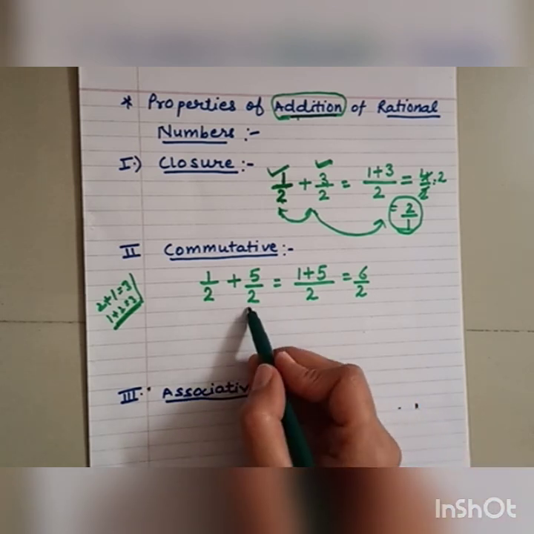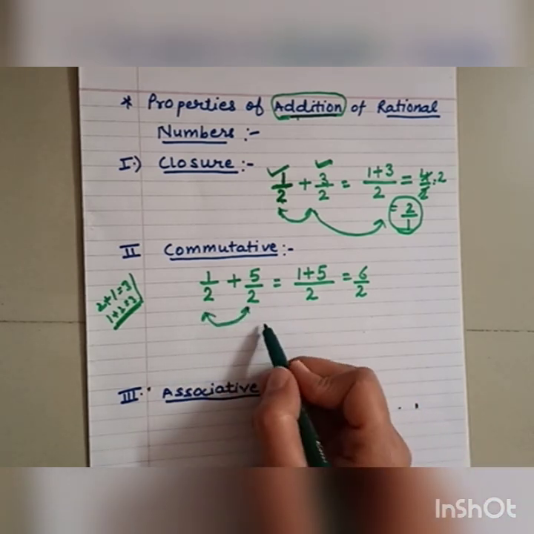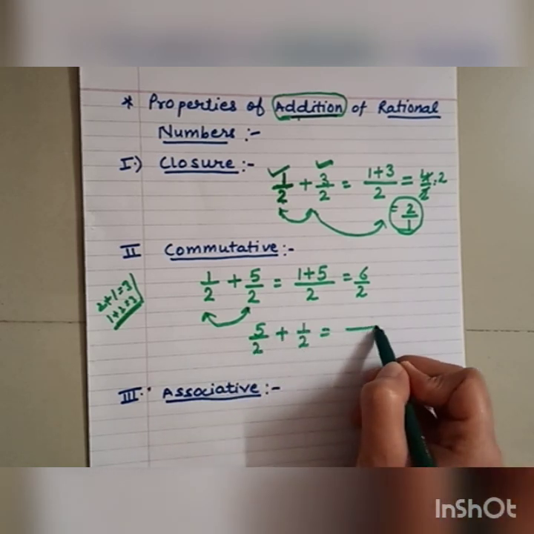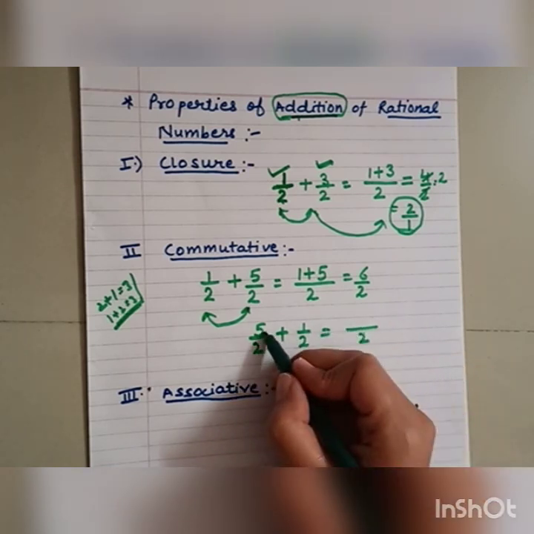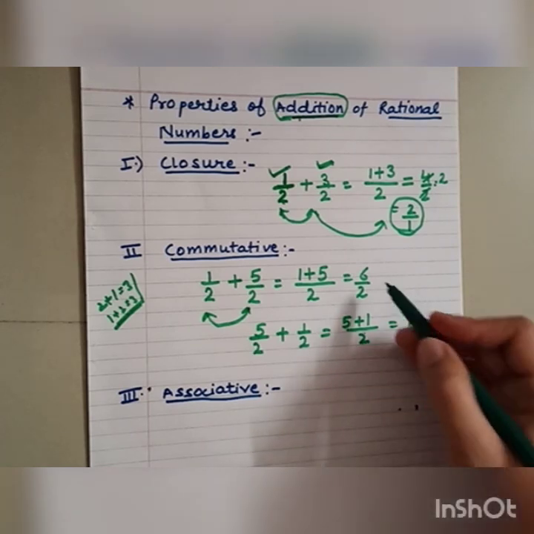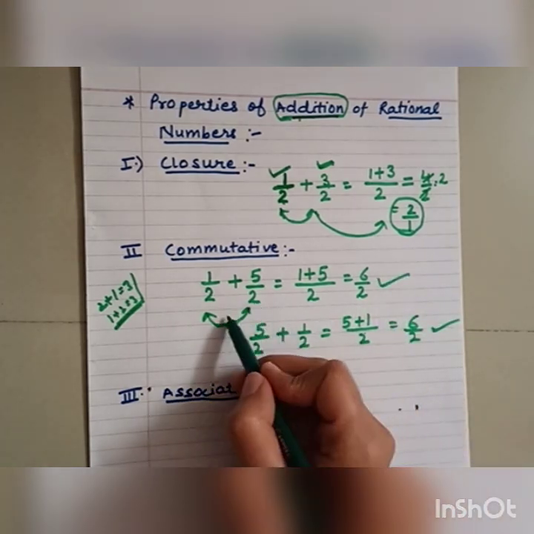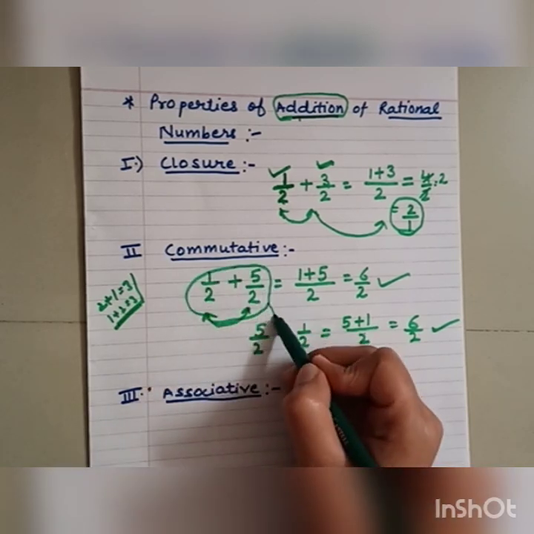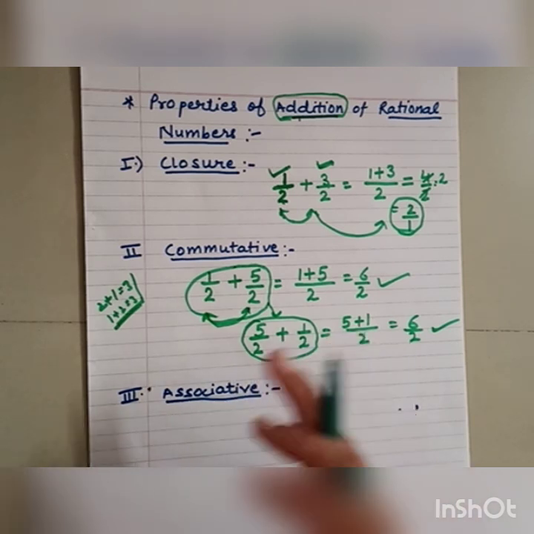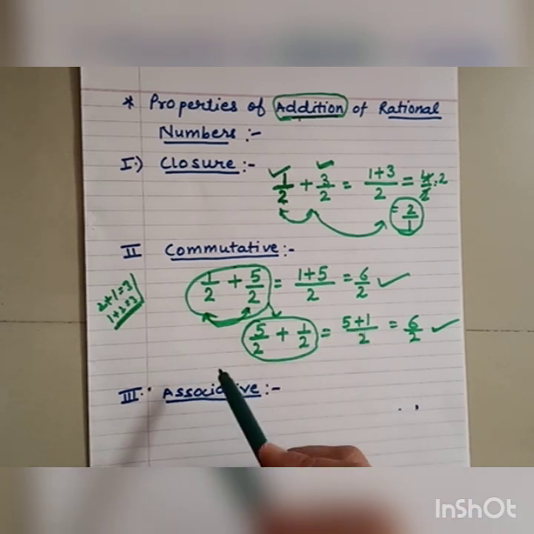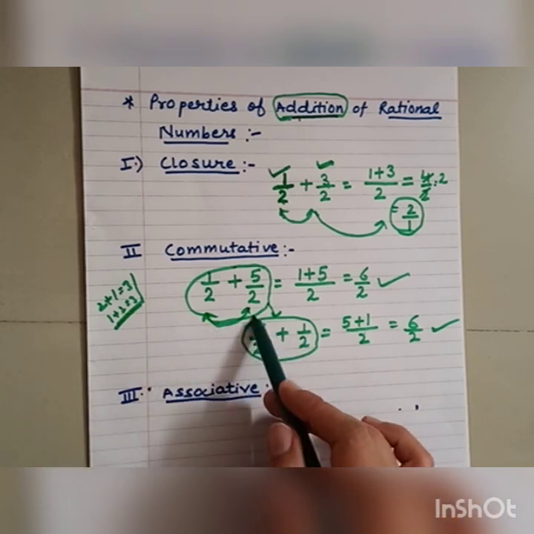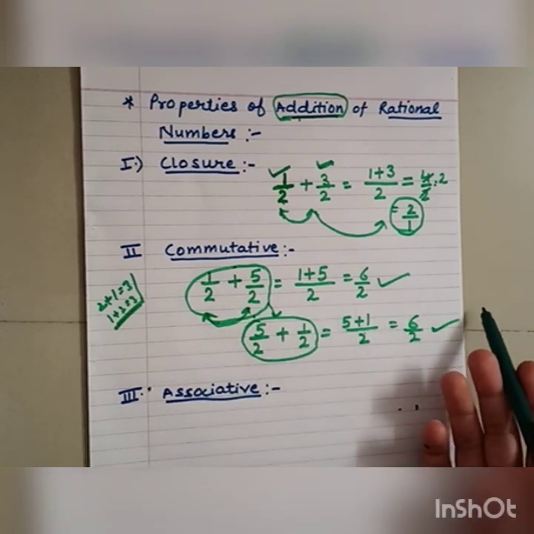Okay, when you change the places, meaning 5 by 2 written first and 1 by 2 second, then what do we get? 5 plus 1, 6 by 2, so the answer is the same. If we take this value as the left hand side and this value as the right hand side, then these are the same. So the commutative property for addition of rational numbers is satisfied, because when we add rational numbers we also get a rational number.